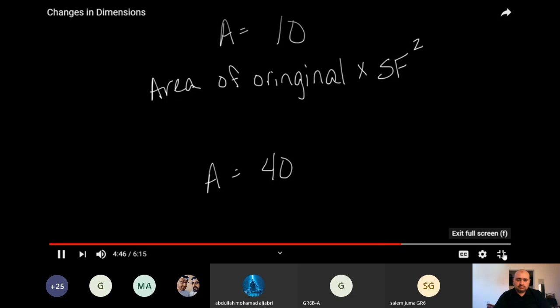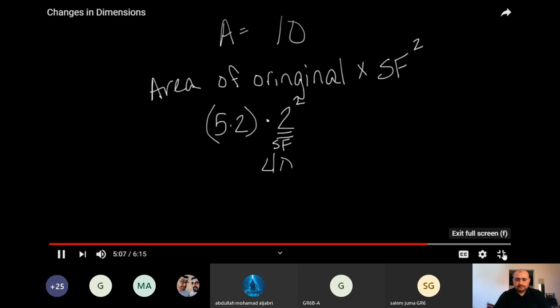So for this one, 5 times 2 was the area, that was 10, times the scale factor of 2, this was the SF, squared.